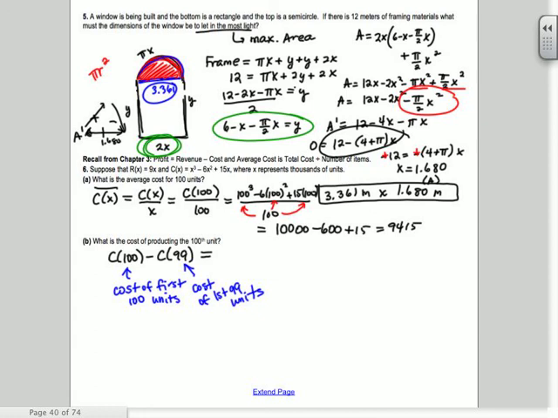When I plugged them into my table, I got C of 100 was 941,500. Subtracting out 912,978. Then I subtract the two.